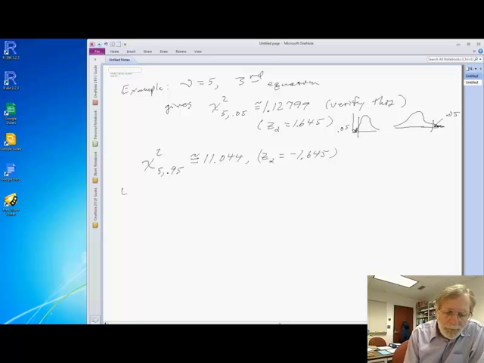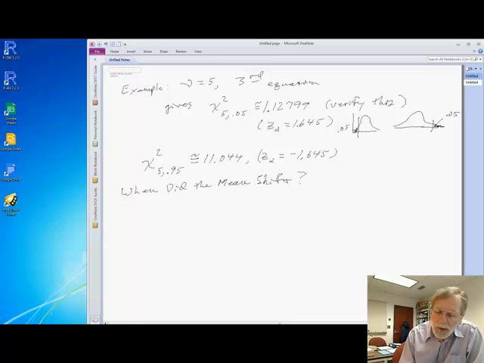So we come to a management relevant question. When did the mean shift? This is after an X bar chart gave a signal.